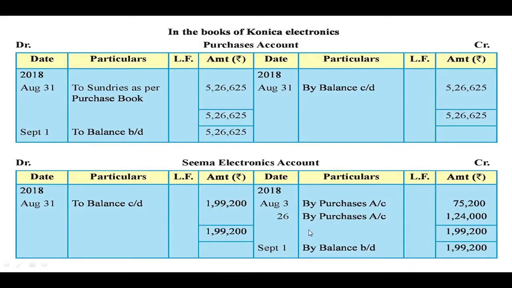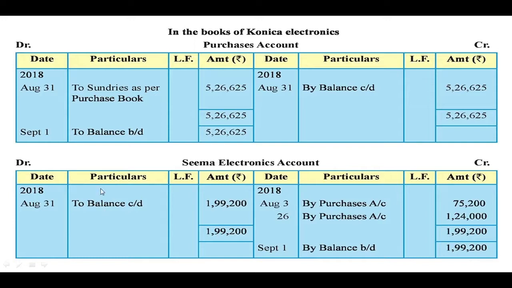So here they have written the date 3rd August by purchases account 75,200 and 26th August by purchases account 1,24,000. So the total comes to 1,99,200, which is written on the same line on both the sides.